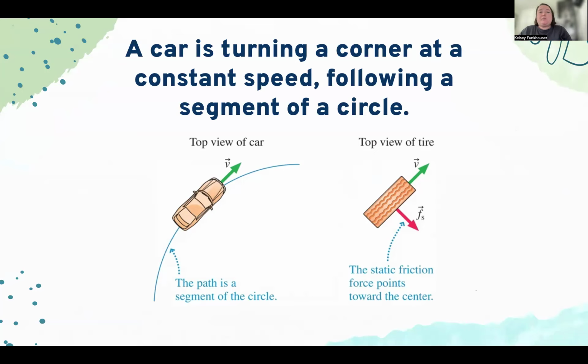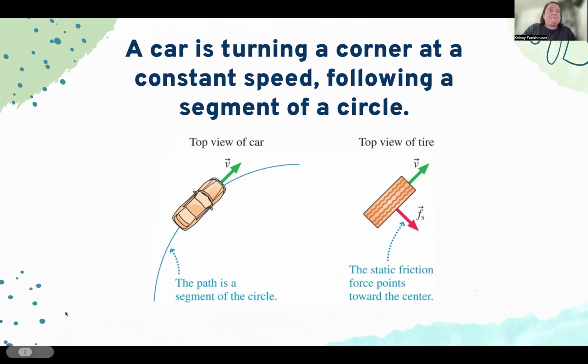So it is circular motion still. For example, if you think about the exits on the freeway where it's a big curve, you're undergoing circular motion when you exit on those. Also, even just turning a corner can be imagined as circular motion.